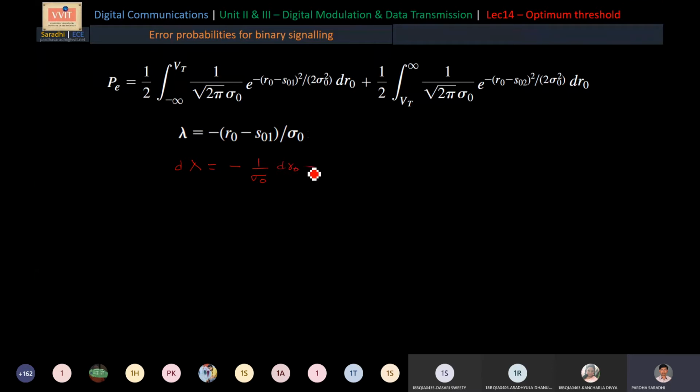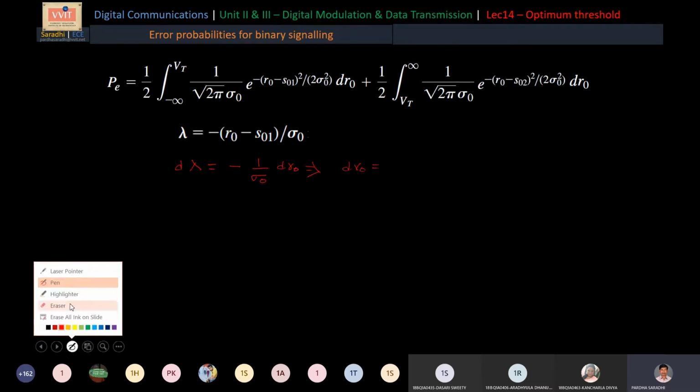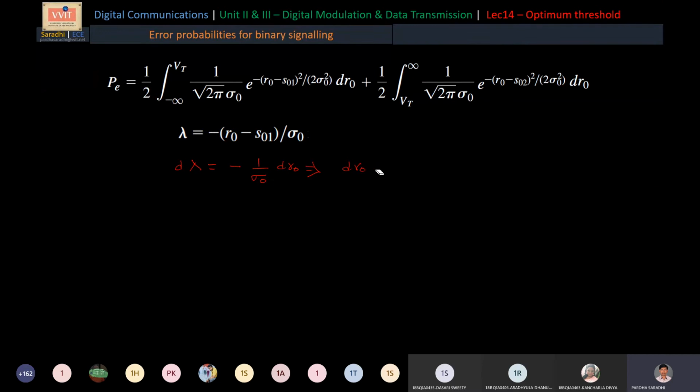So from this, dr naught by sigma naught equal to minus d lambda. And the story is regarding the upper limit and lower limit. So how do you get the upper limit of lambda?